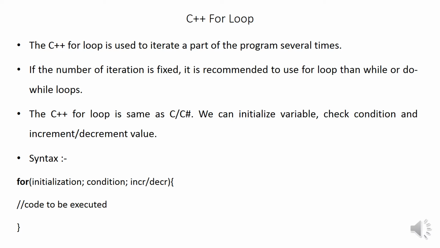A for loop can have its counter variable declared in the declaration itself. But in a while loop, there is no built-in loop control variable.